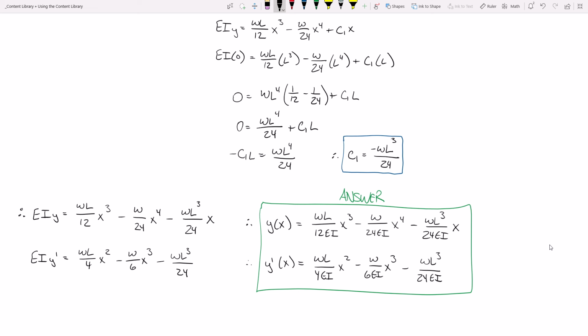Now, if you open up the back of the book, the answer in the back of the book is going to look a little different. The only reason it looks different is because it's factored. That's the only reason, and I'll show you that in the end. But I want to hold off on factoring because I want to get to maximum deflections, and I actually think it's easier to deal with maximum deflections if you leave it like this.